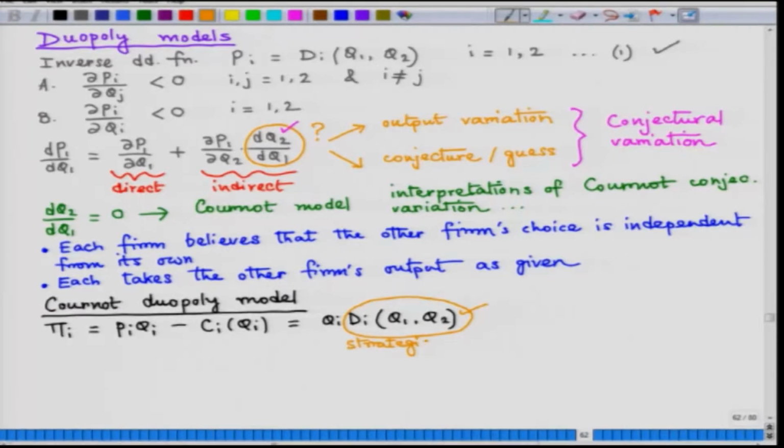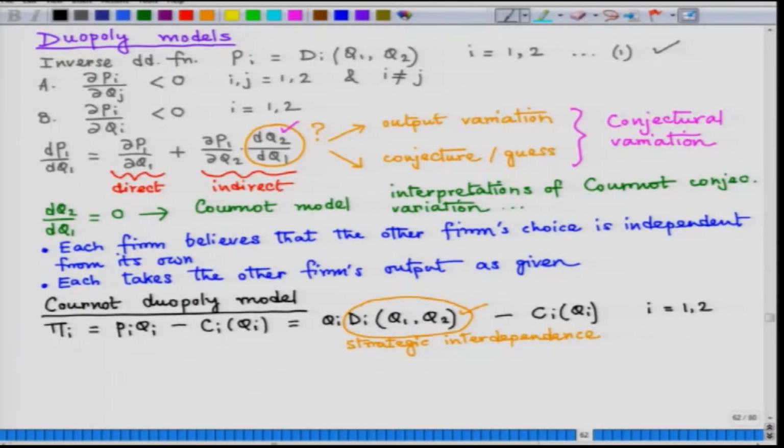So, now that is basically the revenue side. Okay. So, now let me take out the cost to have the complete profit equation, for i equal to 1 to 2, okay, fine. Okay.